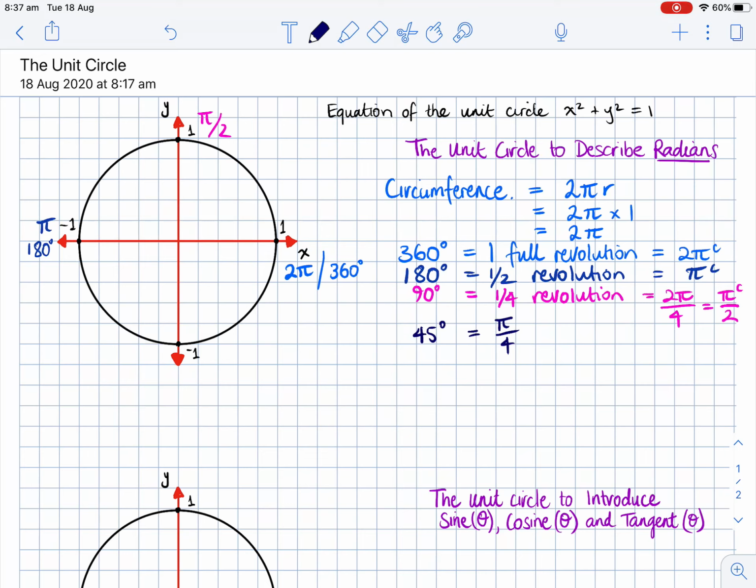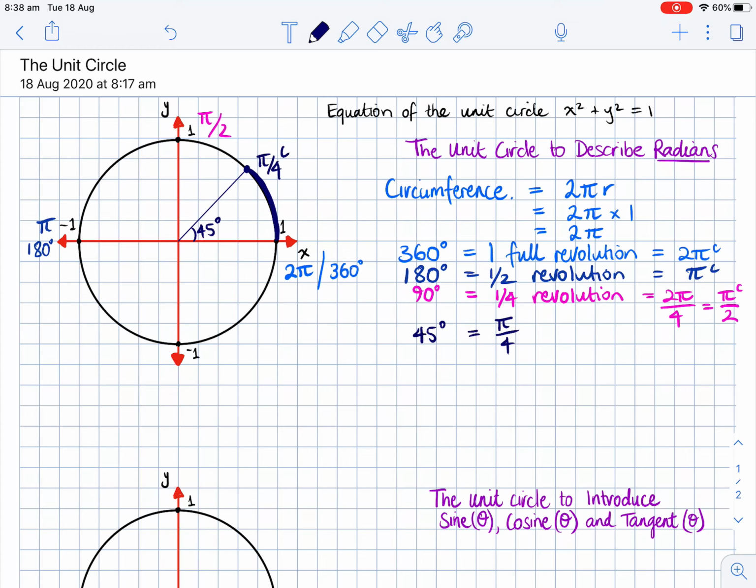So 45 degrees is pi on 4. And that's actually the angle that I showed you right at the beginning. Because I've split that 90 degrees in half, so that's 45 degrees, or it is pi on 4 radians.